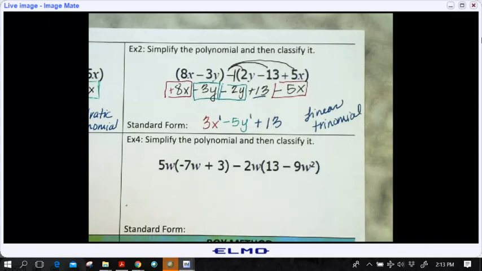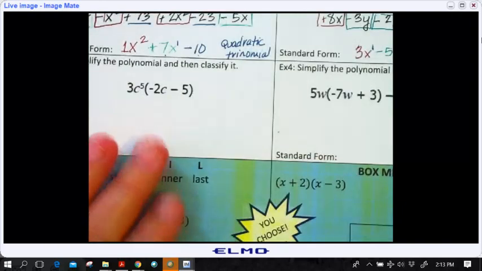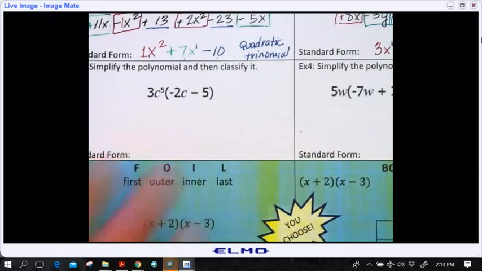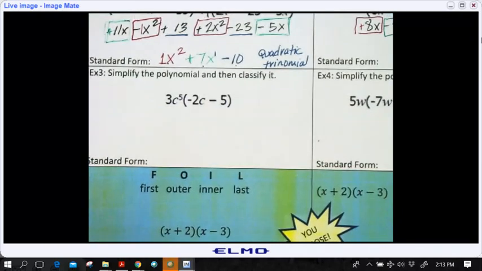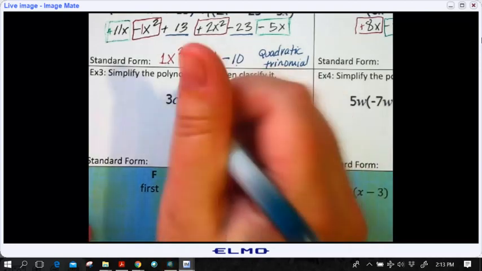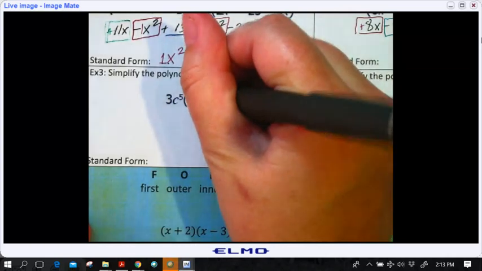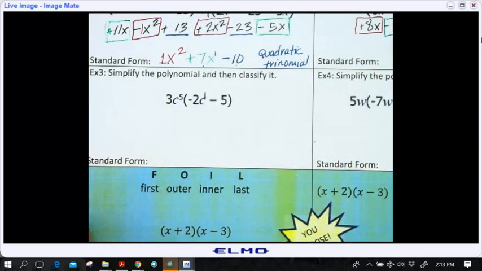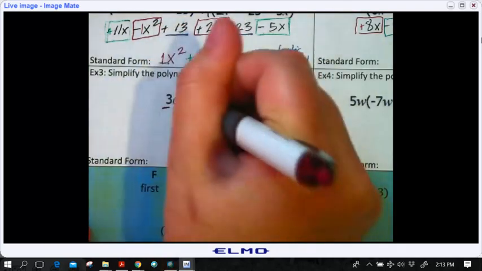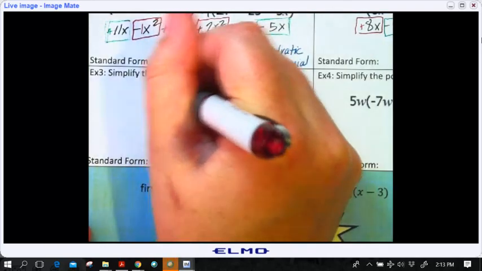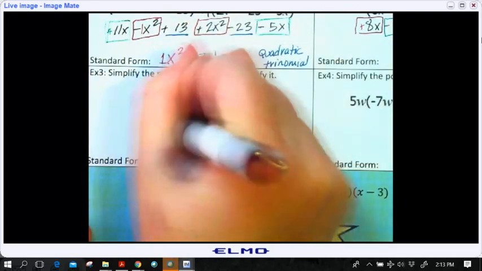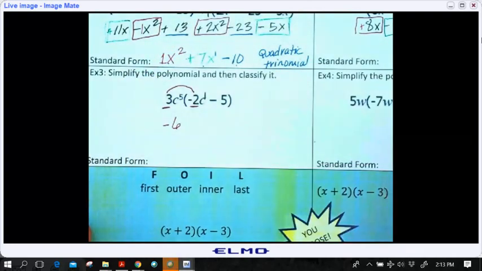Multiplying. In this next example, what we have is really just distributive property, but distributive property that includes a variable on the outside. So this is when it's important for us to recall the exponents, okay? So what I'm going to be multiplying together is 3 times -2, and I'm going to get -6.